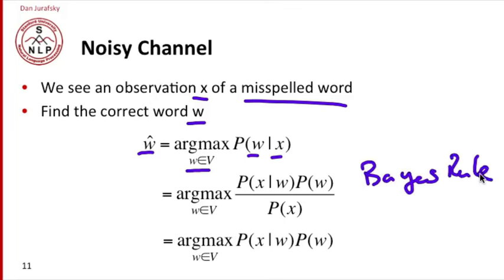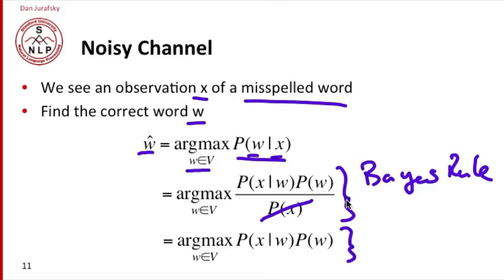to replace that probability. So the probability of W given X, we're going to replace with P of X given W, P of W over P of X. And so we can also eliminate the denominator. Whatever word maximizes this equation will also maximize this equation. We're asking, given a misspelling X, what's the most likely word?